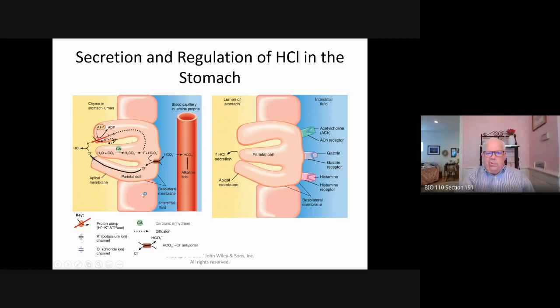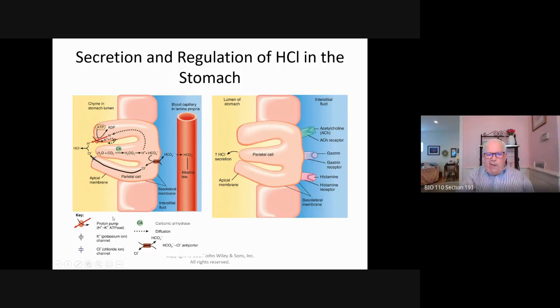There are 2 very important enzymes that are in your stomach. One of them, you know, is carbonic anhydrase. The other is HK-ATPase. This is known as the proton pump.